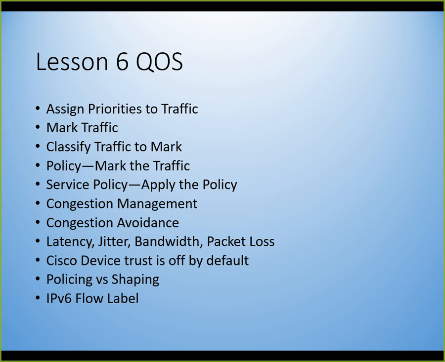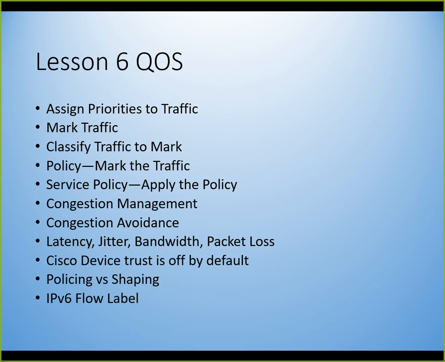The class policy used the access control list to classify the traffic. Then a policy where we applied what we wanted to do with that traffic. In the case that we did in the demo, we set it to a precedence of 5. So we marked that traffic, and the access control list was the one IP address. And then the service policy applies the policy at the interface, and it could be inbound or outbound.